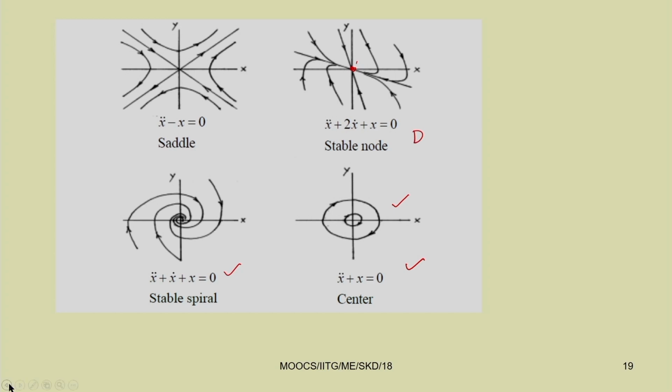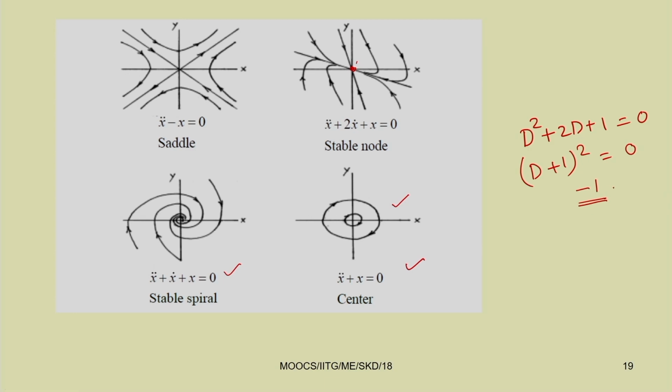The equation is d square plus 2d plus 1, and this is the auxiliary equation, so it should be equal to 0. Then this is d plus 1 whole square equal to 0. So you have two equal roots, and the value is minus 1 and minus 1.